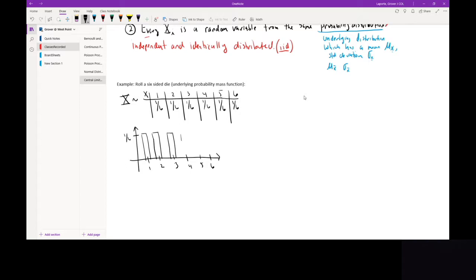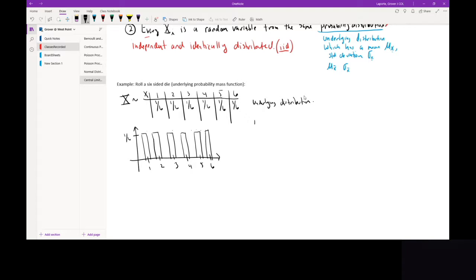We could put a box on there if we wanted to, but I think this is fine. These are all supposed to have the same exact height. So that's what it looks like. Since this is the underlying distribution for us, some questions you might ask follow.